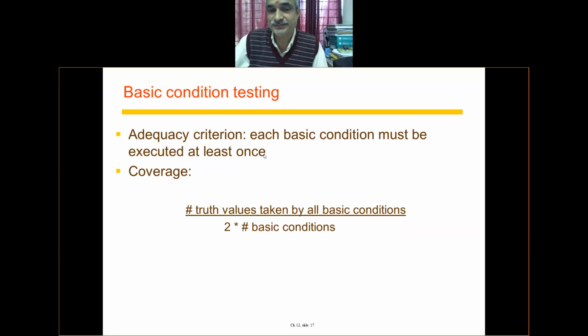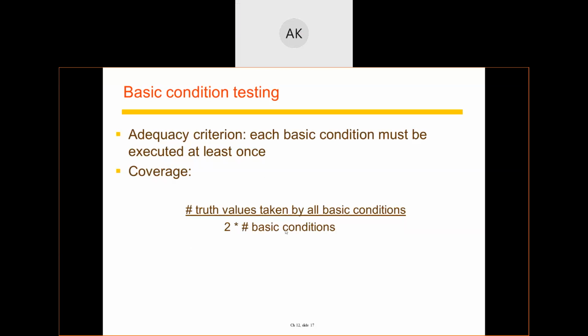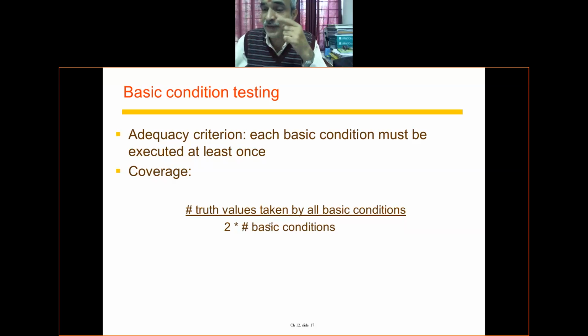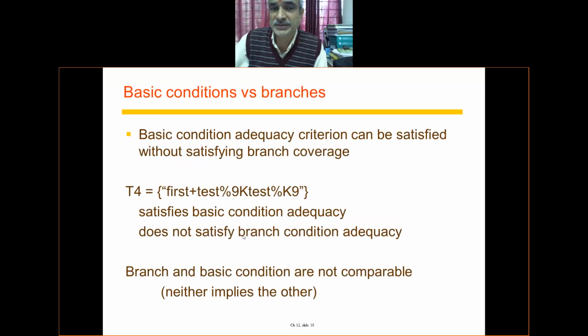Adequacy: if you have 100% coverage, 2 into basic conditions, that means once you have to execute for true, and once for false, then only it is 100% condition coverage. Conditions are true and false, no?